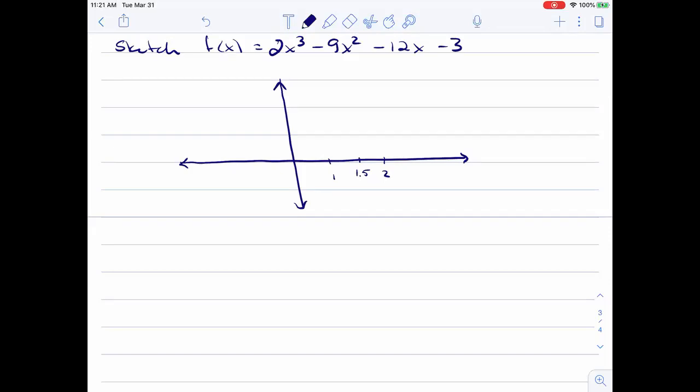We decided that when x was 1, we had a maximum, and the maximum value was at 2. So here at 1, 2, we've got a maximum. And then when x was 2, y was 1. So here we're at 2, 1. That was a minimum.